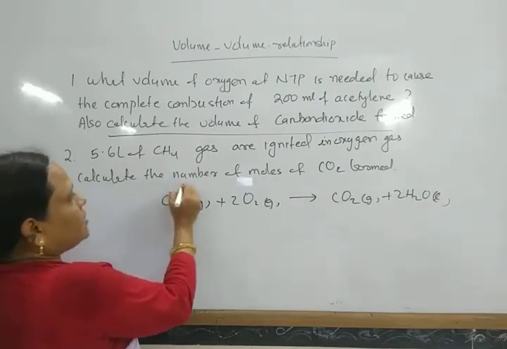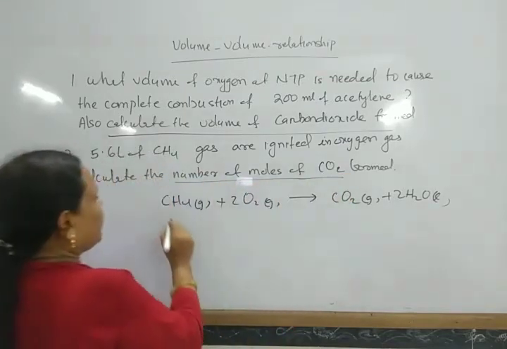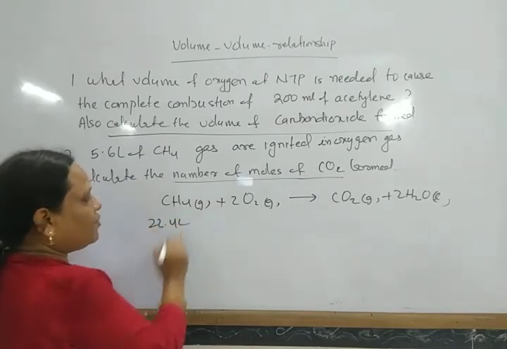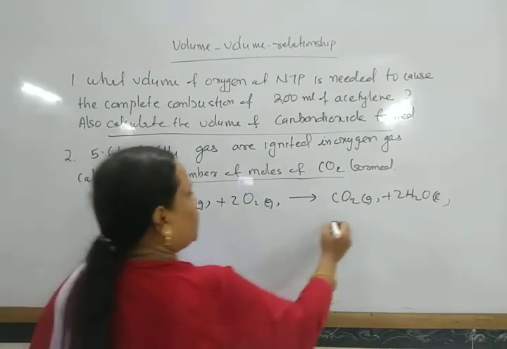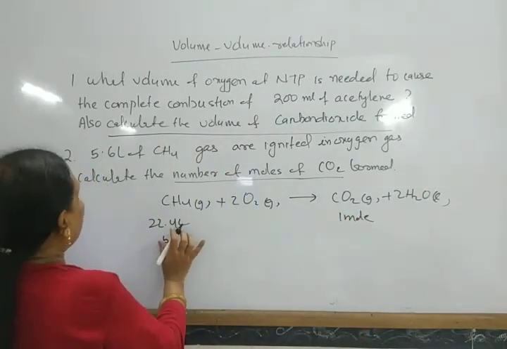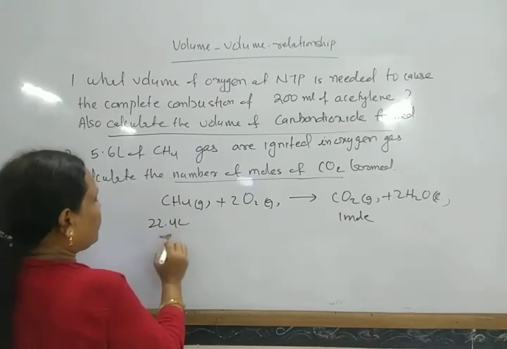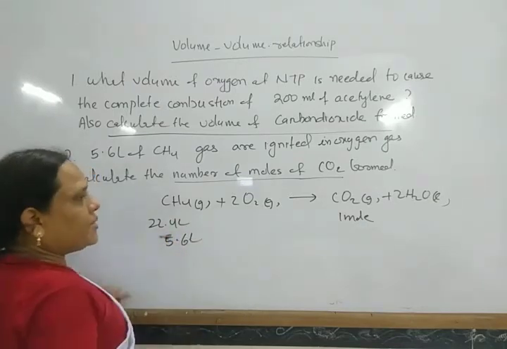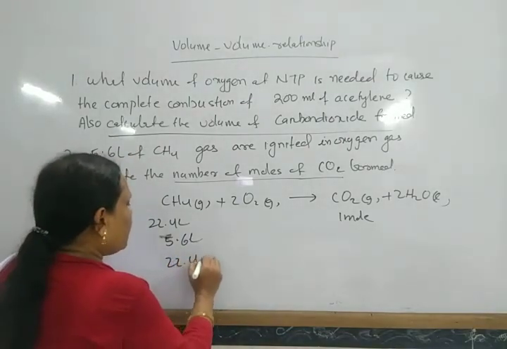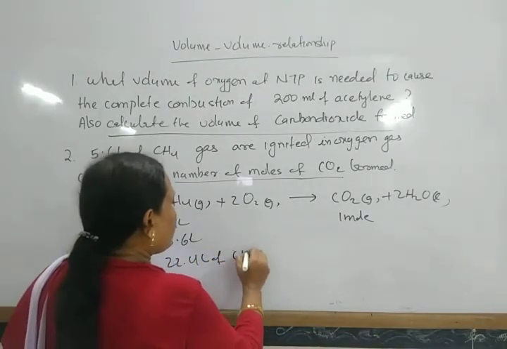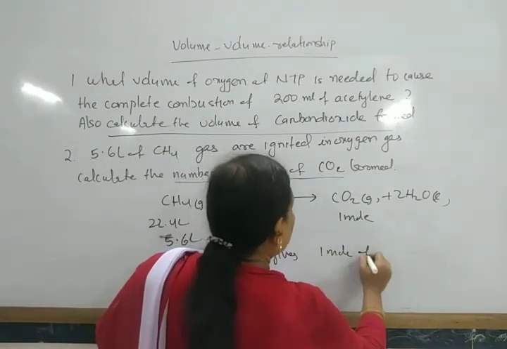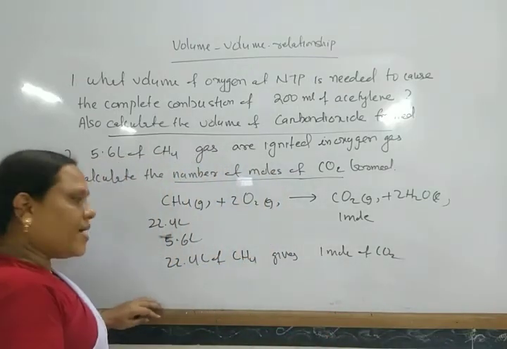Calculate the number of moles of carbon dioxide. And what is its volume at NTP? That is 22.4 liter. So this is 22.4 liter, then this is 1 mole. And when this is 5.6 liter, how many moles is this? 22.4 liter of methane gives 1 mole of carbon dioxide.